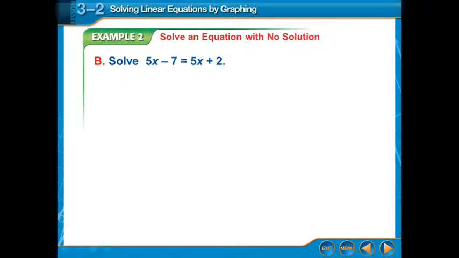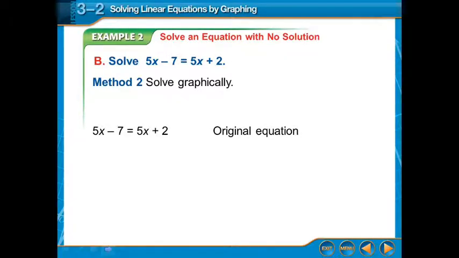Let's see if we can get a related equation. So we're going to solve it graphically. We're going to start with 5x minus 7 equals 5x plus 2, and we're going to subtract 2 from both sides of the equation.